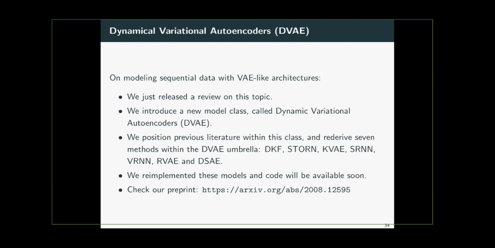Here are the names. We re-implemented all these, and the code will be available soon. And there is a huge long preprint on arXiv that has more than 100 pages. So if you are curious about it, we will be very happy to have your feedback. Just be aware that it may be a bit long to read.